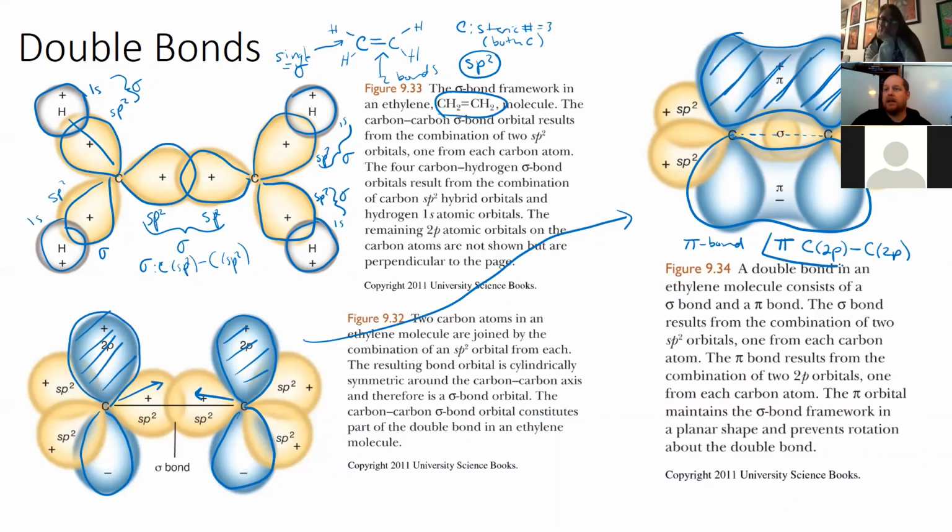So if you look at the bonding in a double bond, the double bond consists of a sigma bond and a pi bond. Okay, that's a key here.